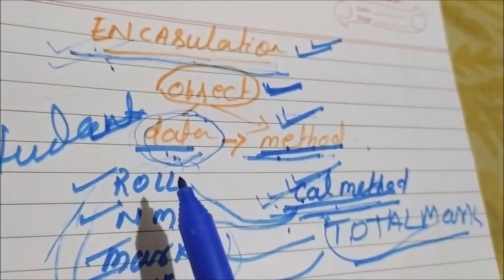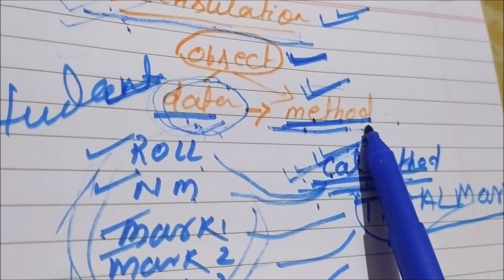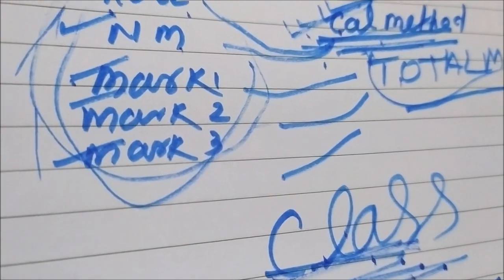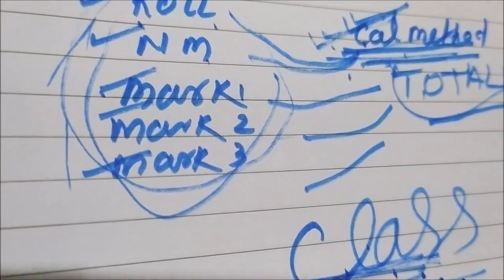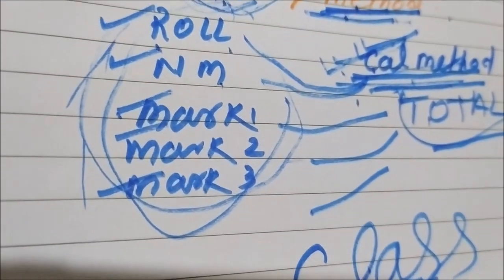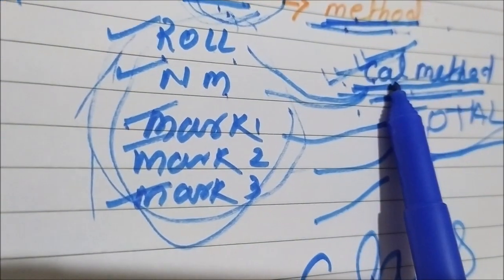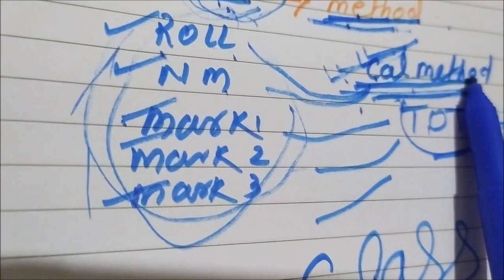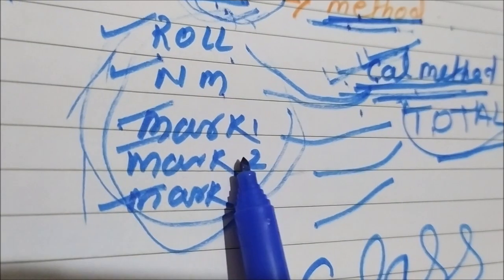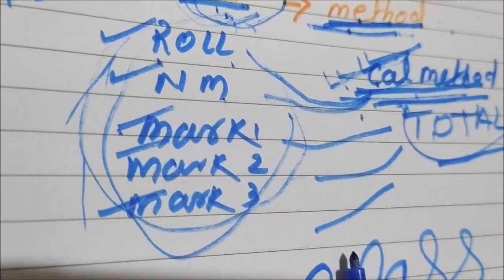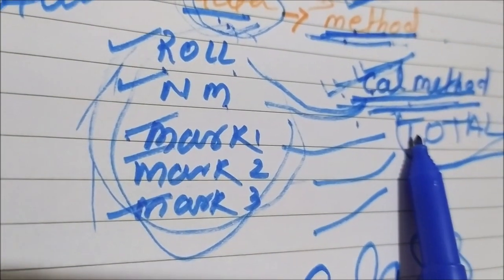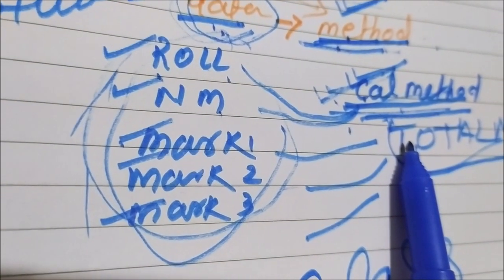Encapsulation binds the data and method together in a class and ensures that a user cannot access the data directly without using the proper method.